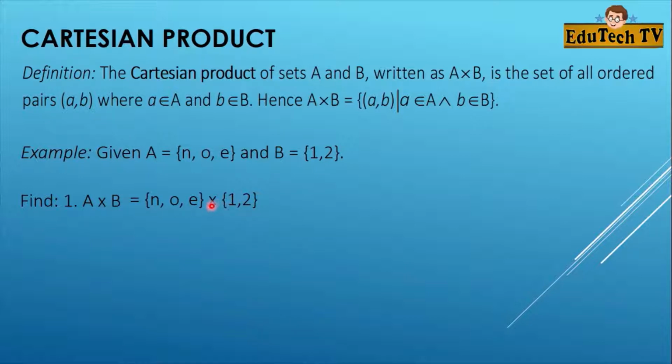Then what we're going to do next is to multiply each element in A to each element in B. So we're going to find N1, another element would be N2. Next, we have O1, then O2, and we'll have E1, and the last would be E2. So these are the products of A times B.